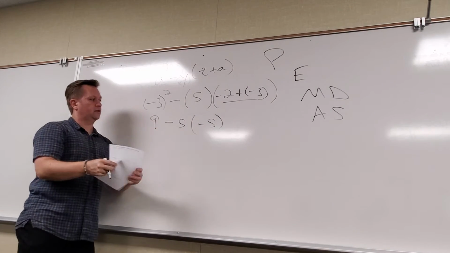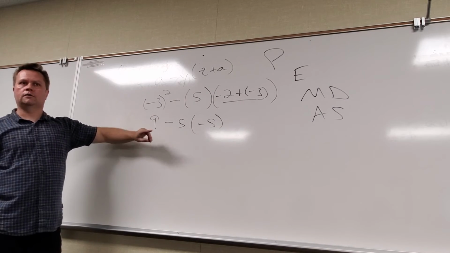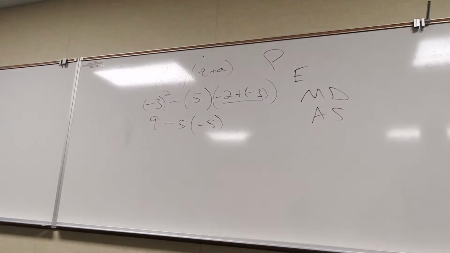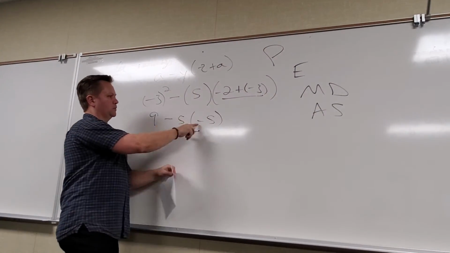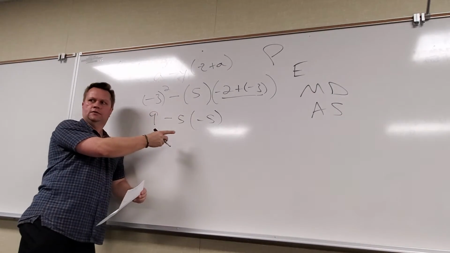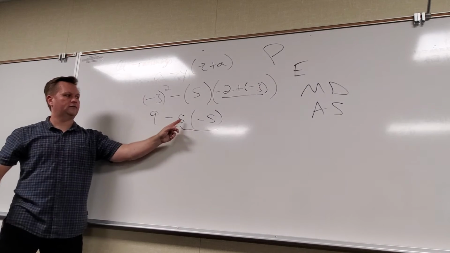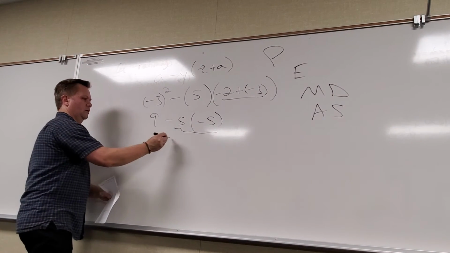Now, what are the two operations I have now? Subtraction and multiplication. Which one am I going to do next? Multiplication. Now, the way I look at this is -5 times -5 is positive 25.